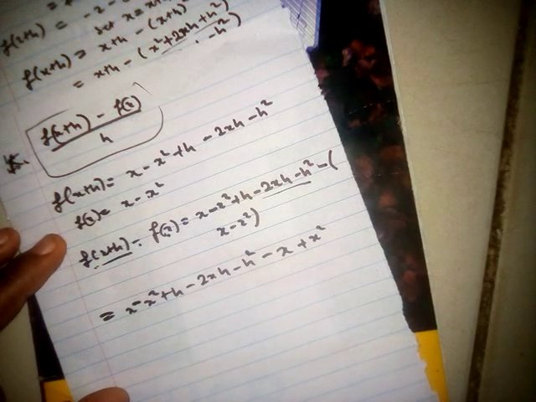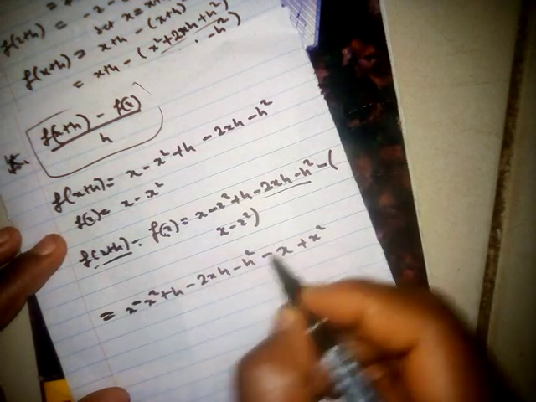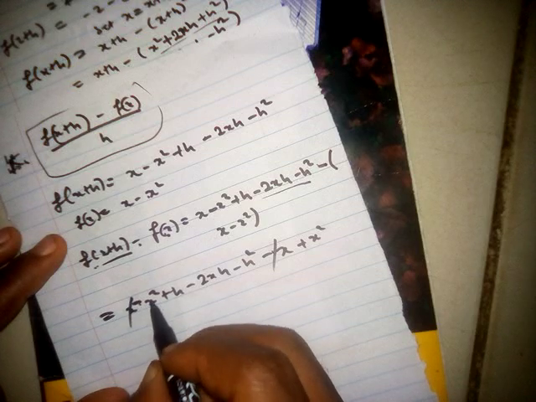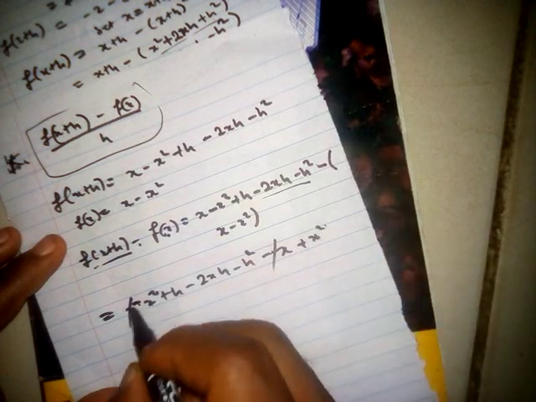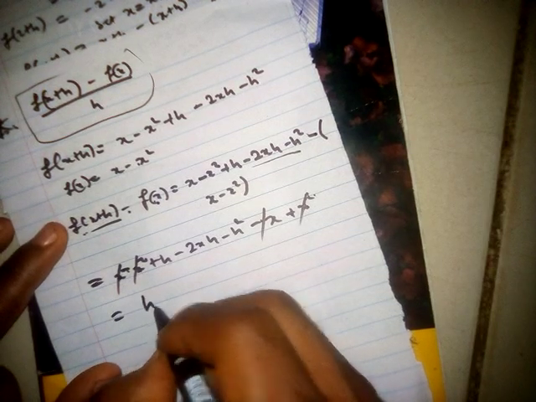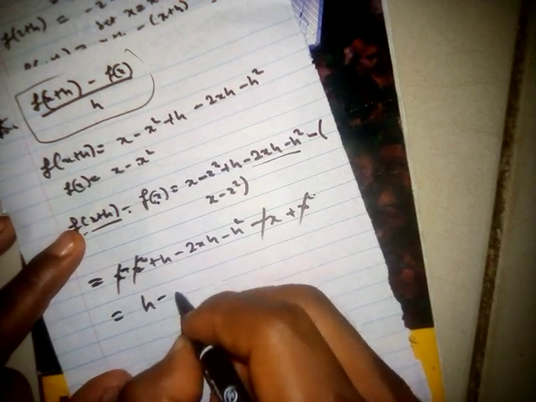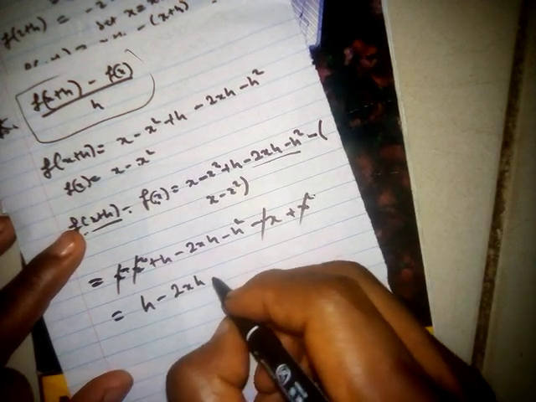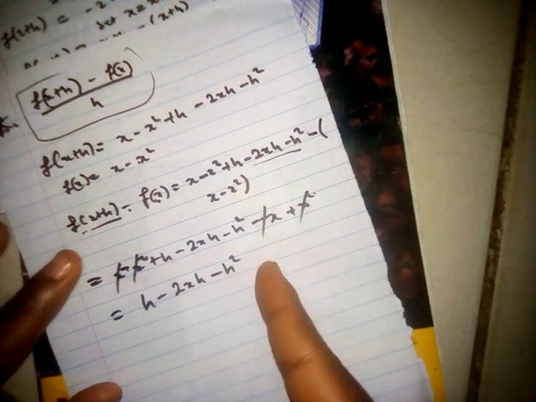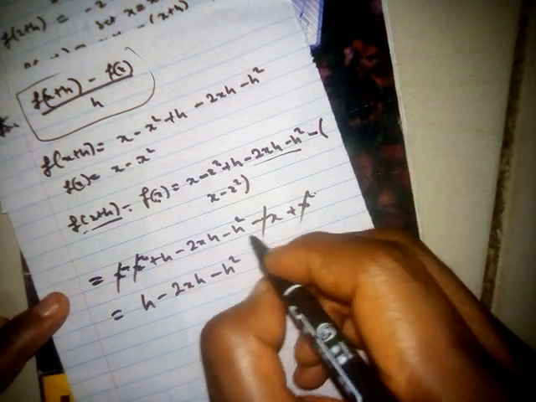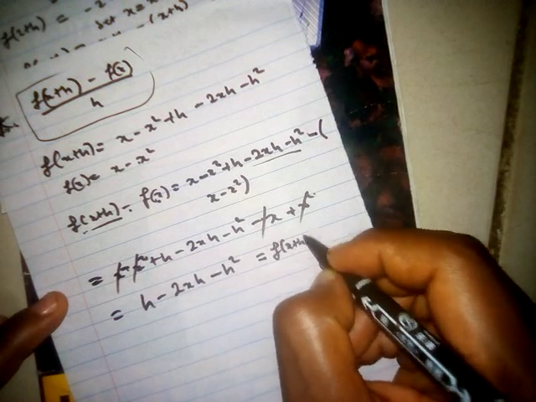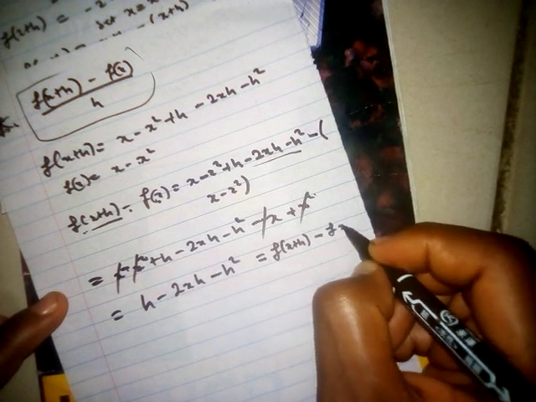Now we collect like terms. This minus this will go. Then minus x squared plus x squared will be 0, so this will go. So this is equal to h minus 2xh minus h squared. This is what we have, and this is equal to the question f of x plus h minus f of x.